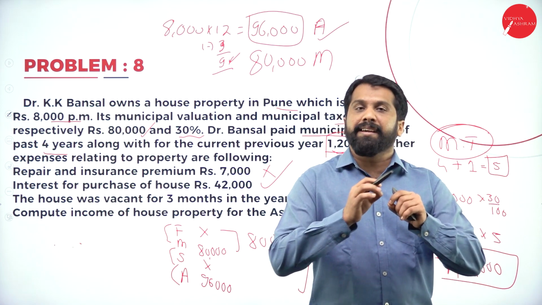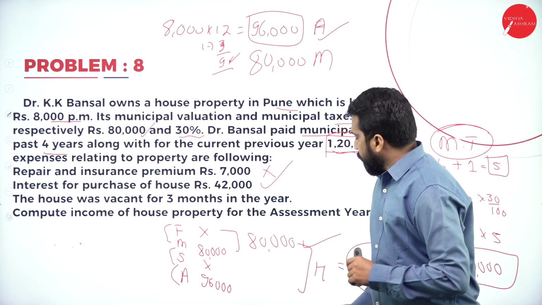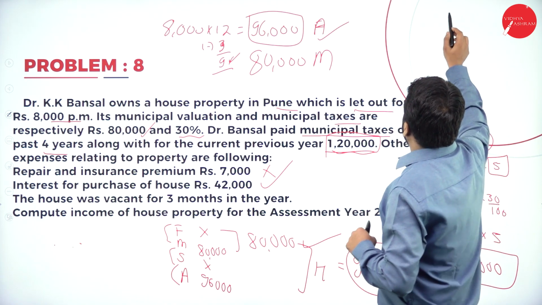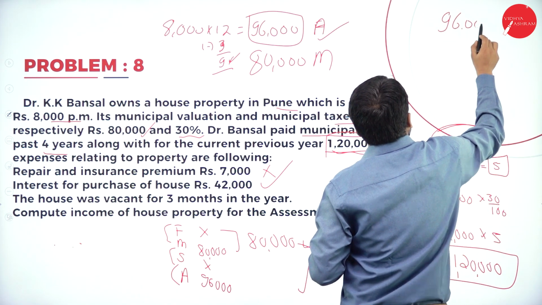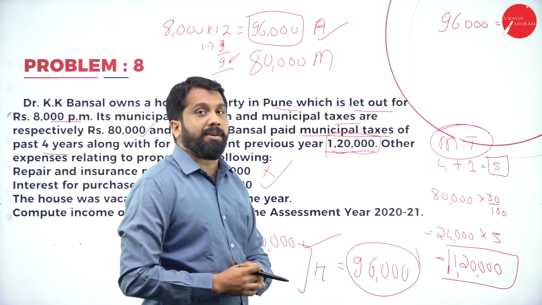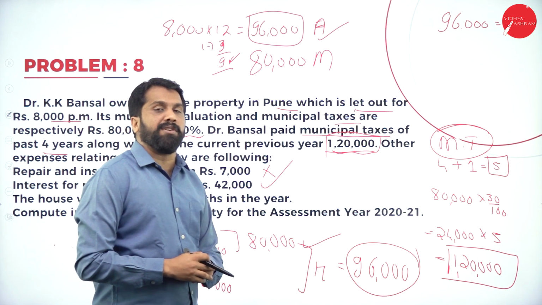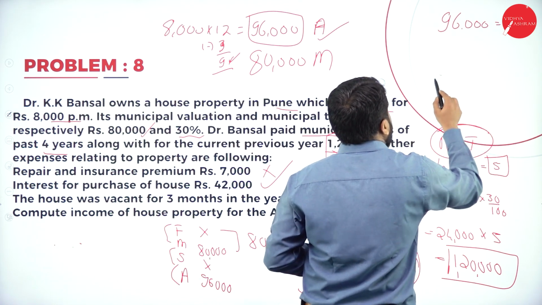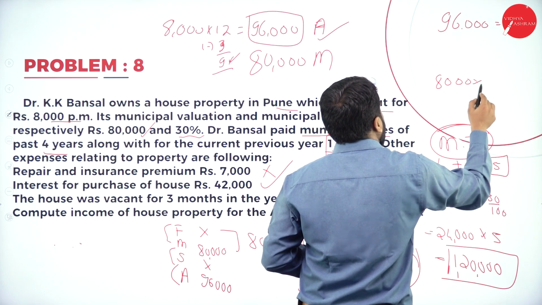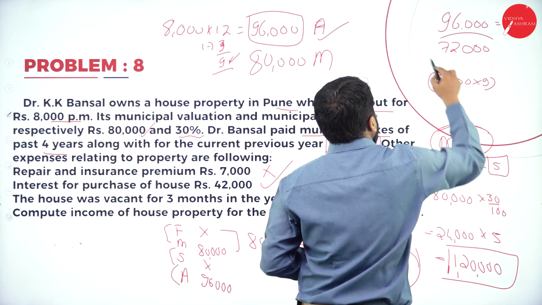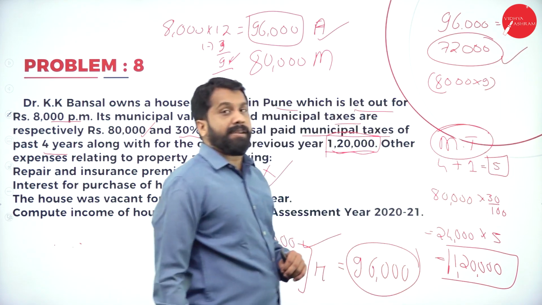But while writing in your answer, should we go for 96 or what? See, 96,000 is for 12 months. How many months it was vacant? 3 months. Now, 8,000 multiplied with 9, you will get around 72,000. You should consider 72.